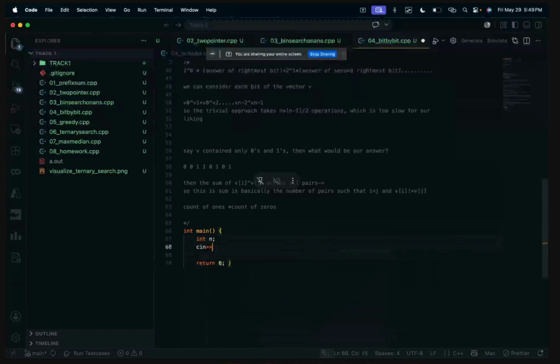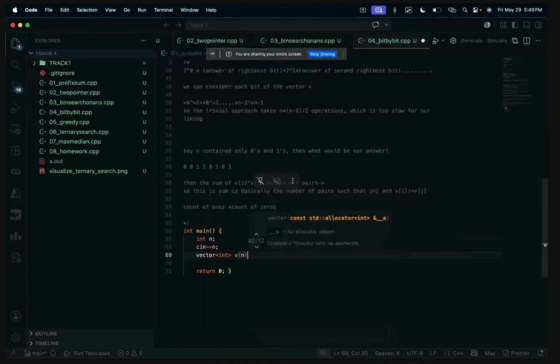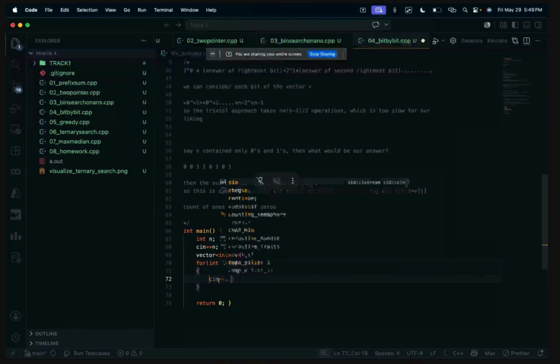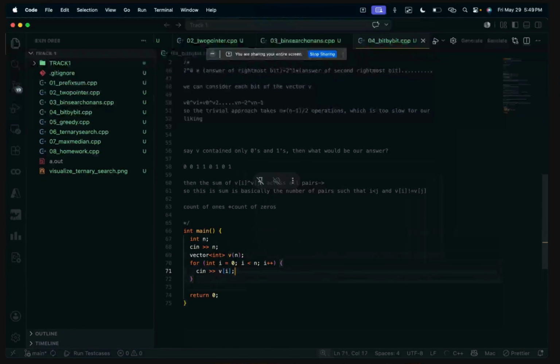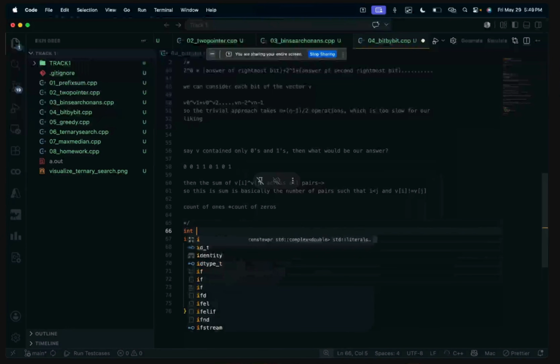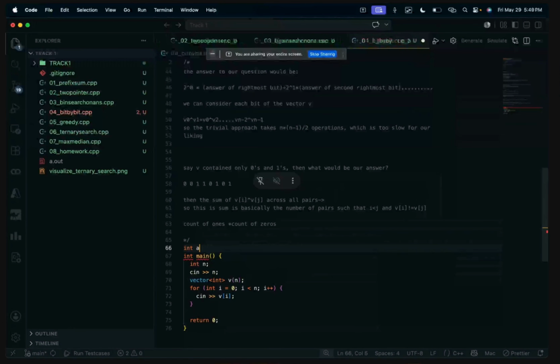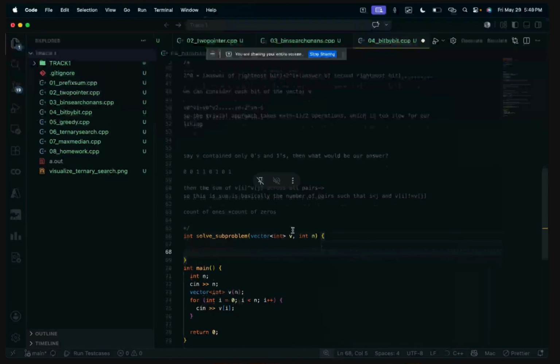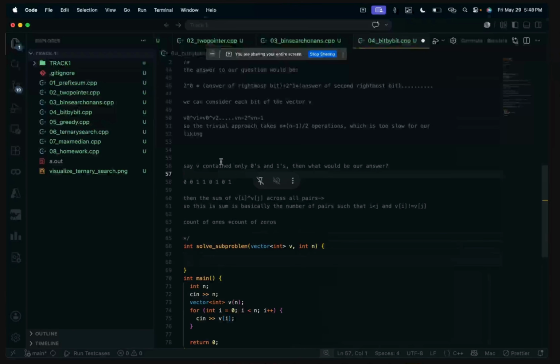We'll first take our input, select our P of n, and we'll make a helper function which tells us the answer for the subcall. So solve subproblem would be a function that we'll implement that tells the answer, say V contains only zeros and ones, what is the answer for this subproblem.